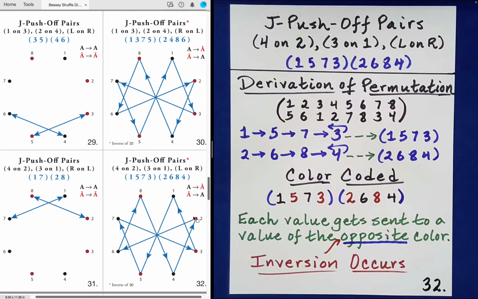And as I mentioned a few moments ago, shuffles 30 and 32 are inverses of one another. If you perform them in succession, they will return an ordered packet to its original order. Why don't we just go ahead and illustrate that quickly, since these two do constitute an inverse pair.